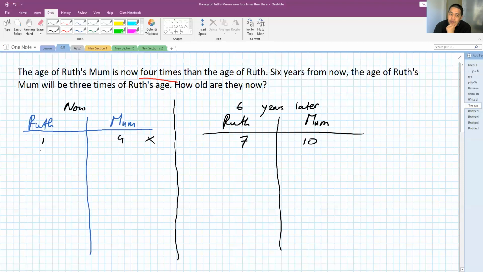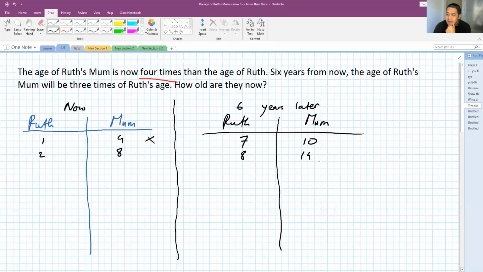Then you move on with the next number, 2, for example. Because the age of mom is 4 times, it's now 8 years. Again, when you add 6, 6 years later Ruth will be 8 years old and her mom will be 14.